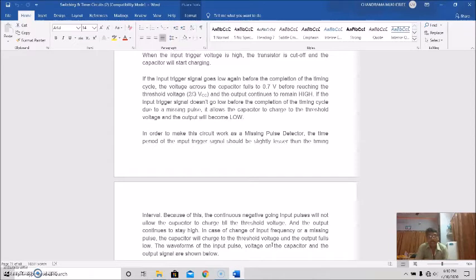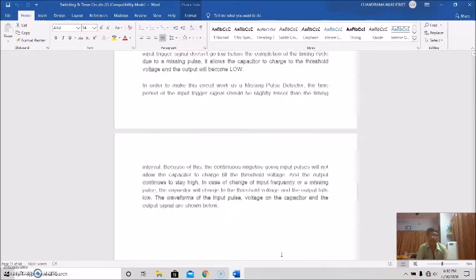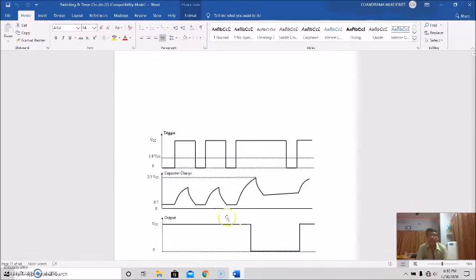So in case of change of input frequency or a missing pulse, the capacitor will charge to the threshold voltage, and output falls low, and the waveforms of the input pulse, voltage on the capacitor, and the output signal will be like this.